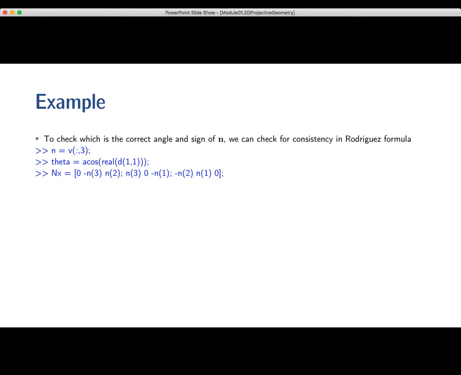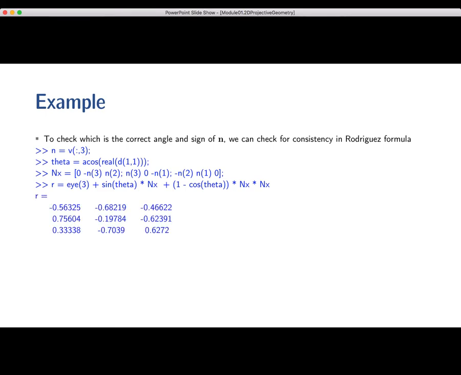So I make this skew symmetric matrix, and then I find R by the Rodrigues formula: I3, meaning the identity 3 by 3, plus sine theta times n-cross plus 1 minus cosine theta times n-cross squared. I kept theta in radians because the cosine and sine functions expect values in radians.